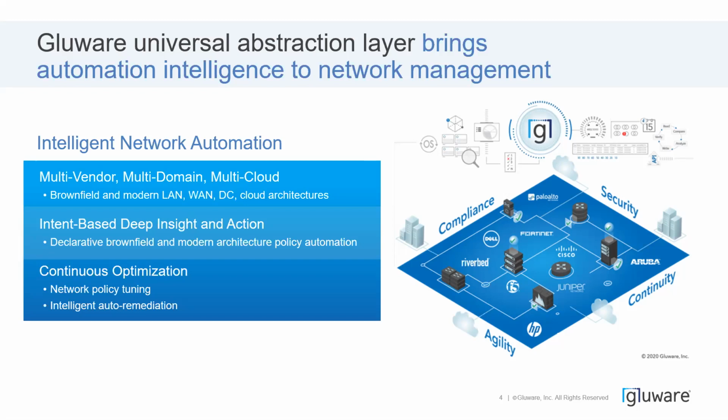With deep insight and action, you're going to see some of that today with our technologies like Drift and Audit, to be able to audit down to very deep granular levels of the configuration and parameters on your network and monitor for change.